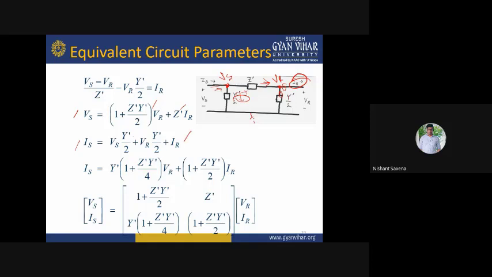Is this clear? If I solve this, I get Is = Y'(1 + Z'Y'/4) Vr + (1 + Z'Y'/2) Ir.